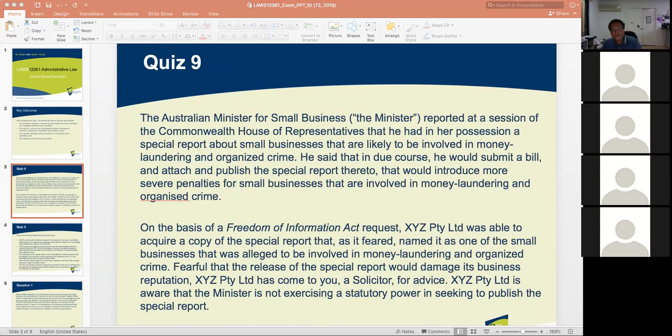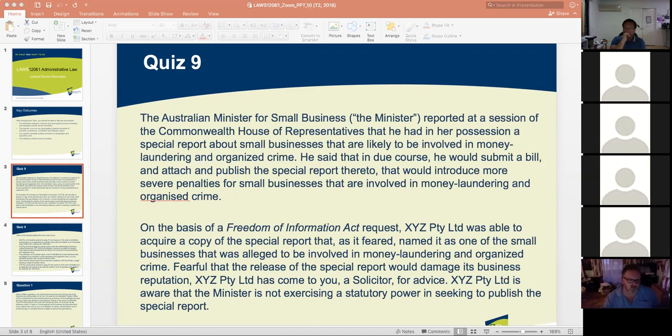The Australian Minister for Small Business, the Minister, reported at a session of the Commonwealth House of Representatives that he had in her possession a special report about small businesses that are likely to be involved in money laundering and organised crime. He said that in due course he would submit a bill and attach and publish a special report thereto that would introduce more severe penalties for small businesses that are involved in money laundering and organised crime.